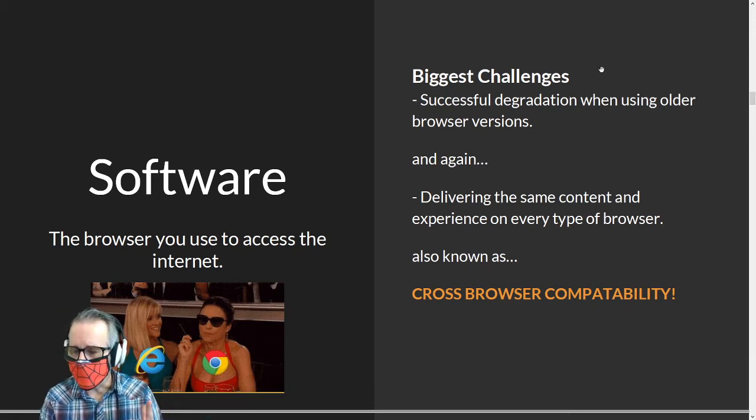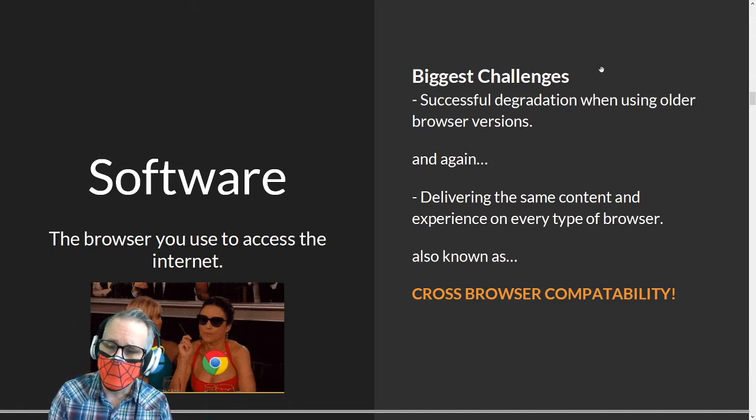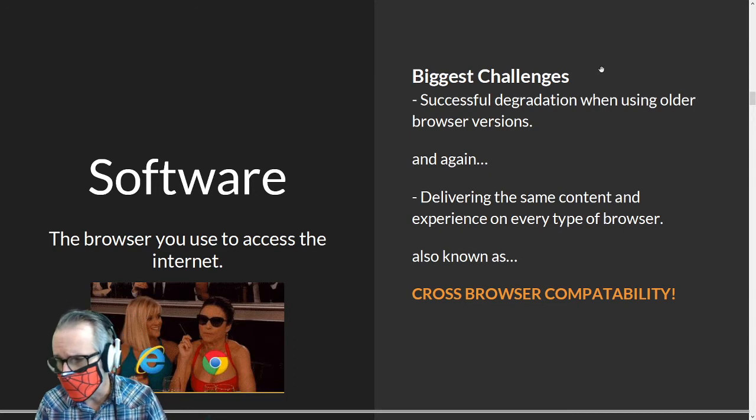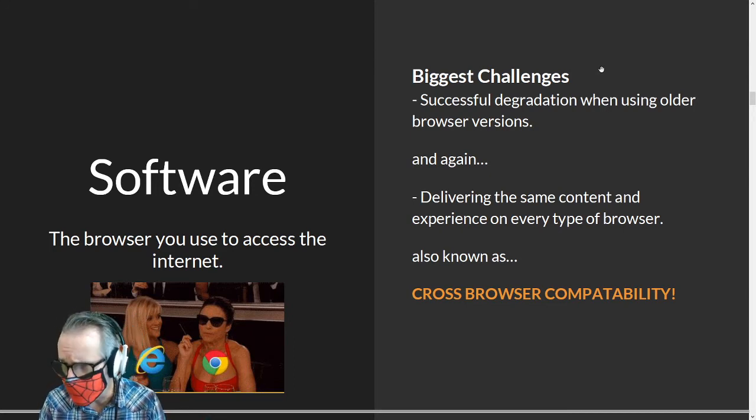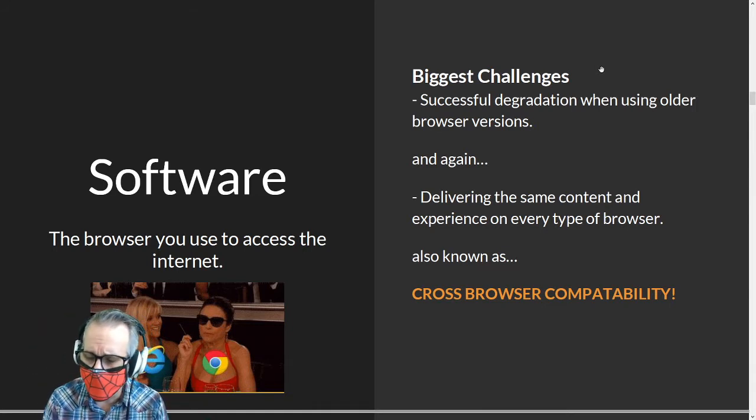Some of the biggest challenges of designing a website when you're talking about software: say your grandma still has her old Gateway computer from the early 2000s, still running some old version of Internet Explorer. She can't run the latest version of HTML5.